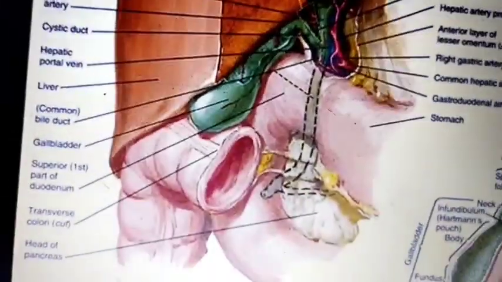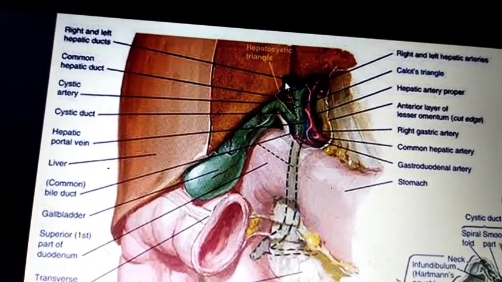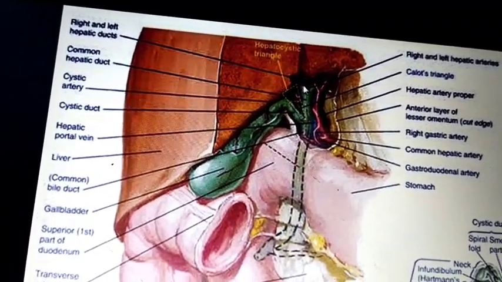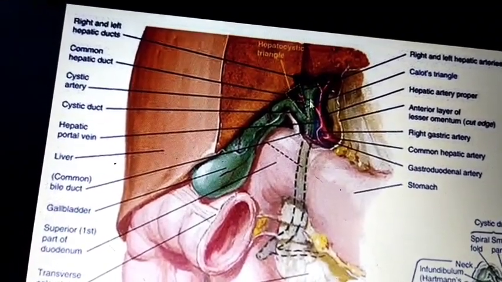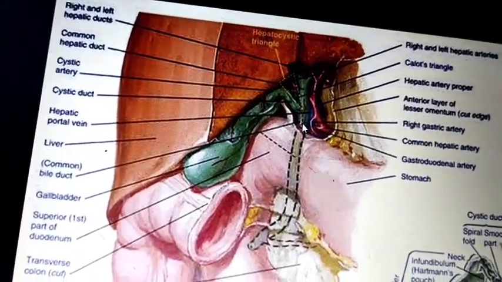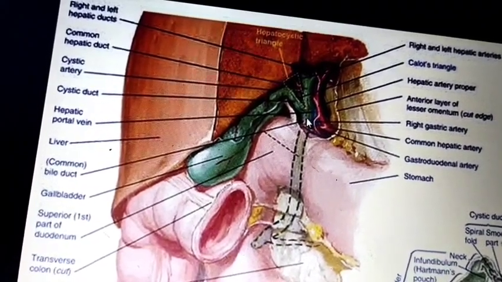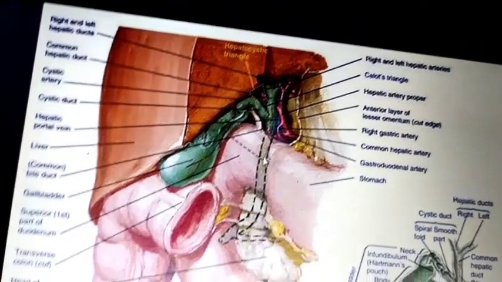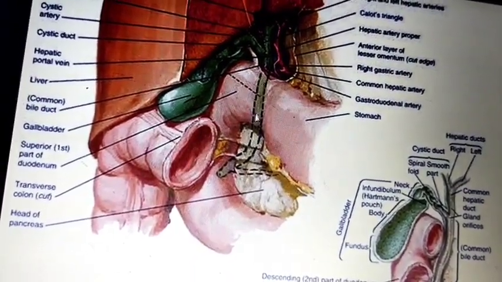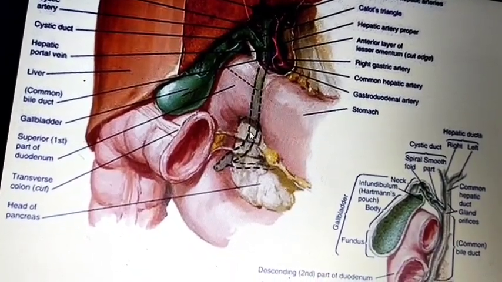This is the supraduodenal part. The right hepatic duct, left hepatic duct, common hepatic duct and cystic duct join together and form the common bile duct. The part above the duodenum is the supraduodenal part. Behind the first part of the duodenum is the retroduodenal part, and this segment is the infraduodenal.